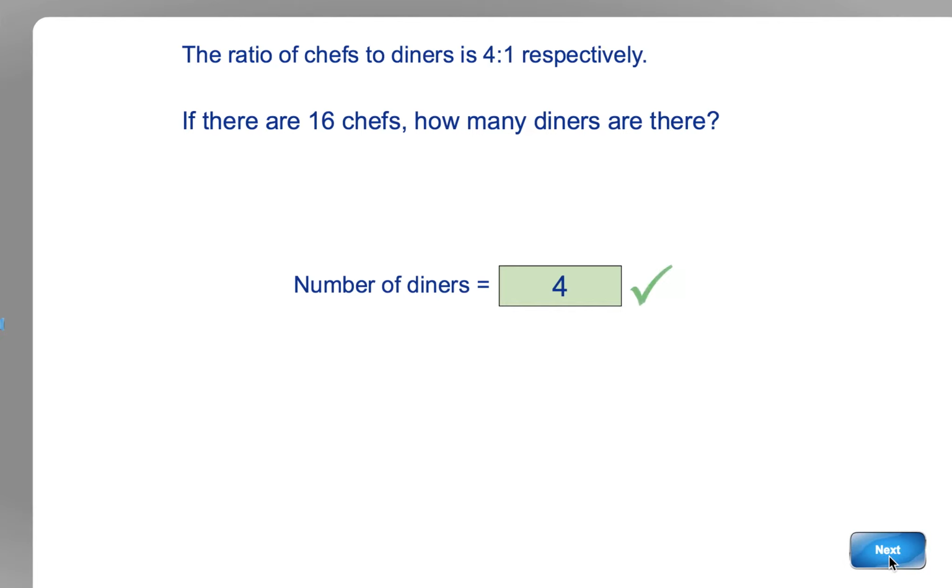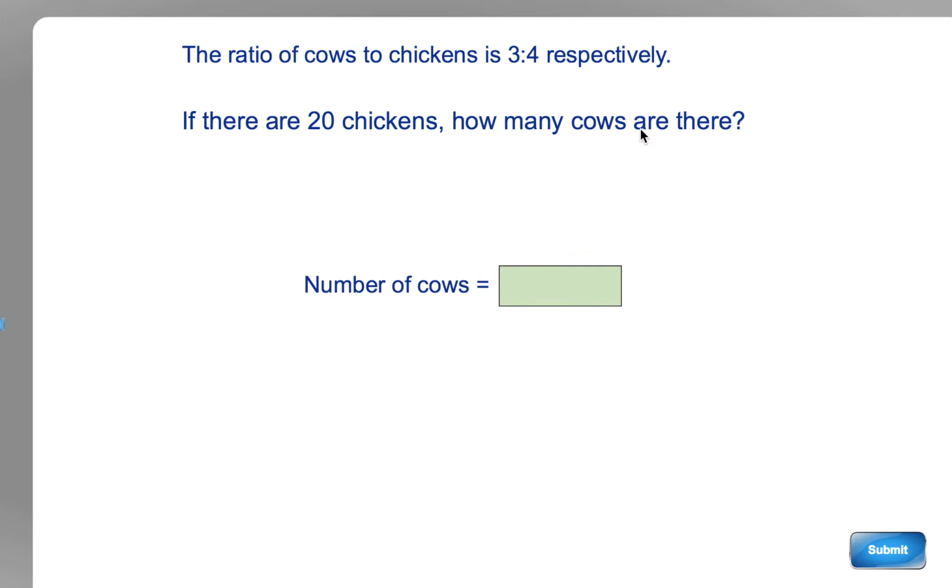Okay, and one more. The ratio of cows to chickens is 3 to 4. 3 cows to every 4 chickens. If I've got 20 chickens, how many cows have I got? So this time I'm looking at the chicken side, which is the 4. What do I have to do to turn 4 chickens into 20 chickens?